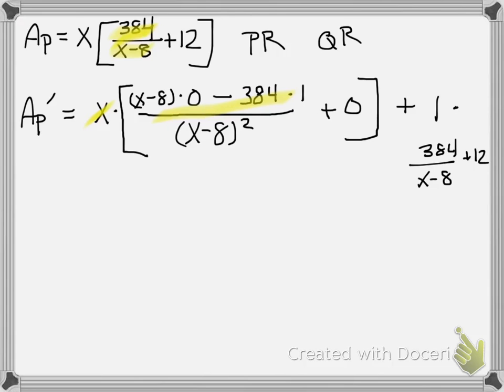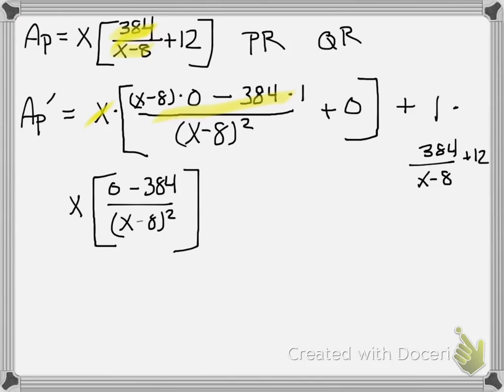So whenever we clean that up a little bit, we're going to have x times 0 minus 384 over x minus 8 squared, plus 384 over x minus 8 plus 12.